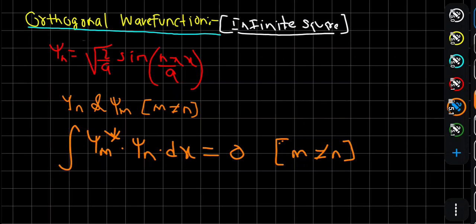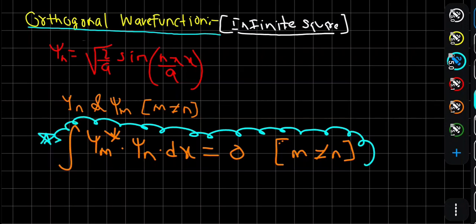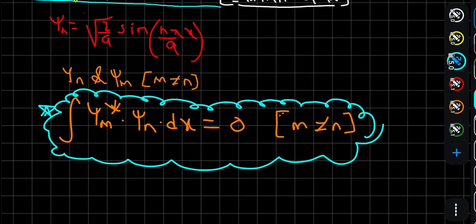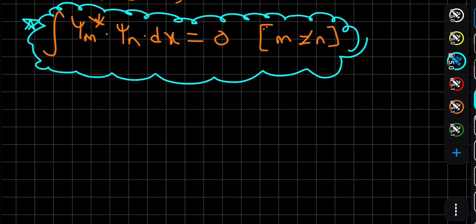This is a very important property that you have to know. I have stated this in my previous videos, but I haven't done the proof, so I'm going to do it now. What will happen if m is equal to n? We'll talk about that later. So let's start the proof.